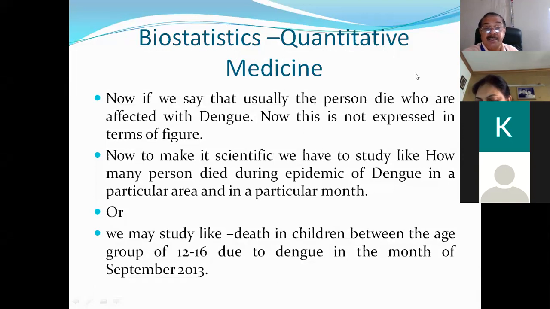Or we may say, like, deaths in children between the age group of 12 to 16 due to dengue in the month of September 2013, and especially in an area, like we can add anywhere, Odisha, or we can say Bihar or Darbhanga. So this will be more scientific data and a more scientific expression also.